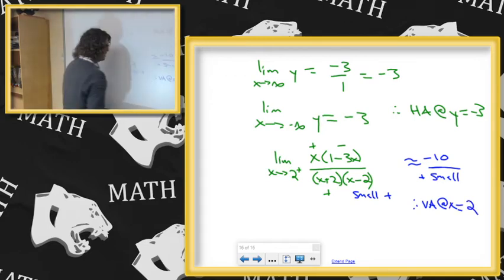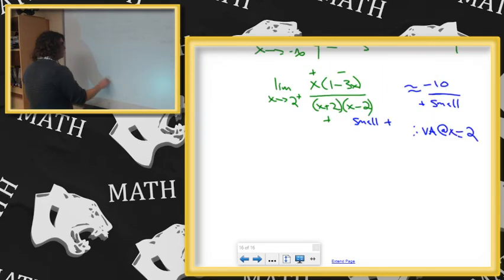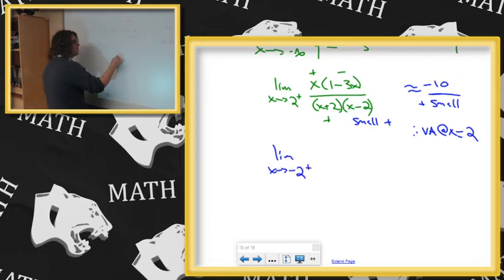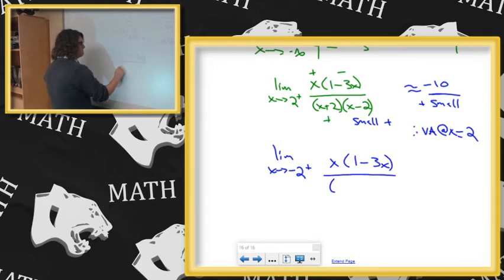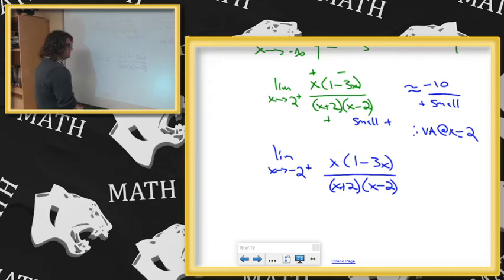So we have a vertical asymptote at x is equal to positive 2, and we could do the same thing here for negative 2. So the limit as x approaches negative 2, doesn't matter from the right or the left, we'll do the right again. For the negative 2, that was like a negative 4. This one's like a 0, from the positive side again, because it's approaching from the right. So it's like negative 1.99999.